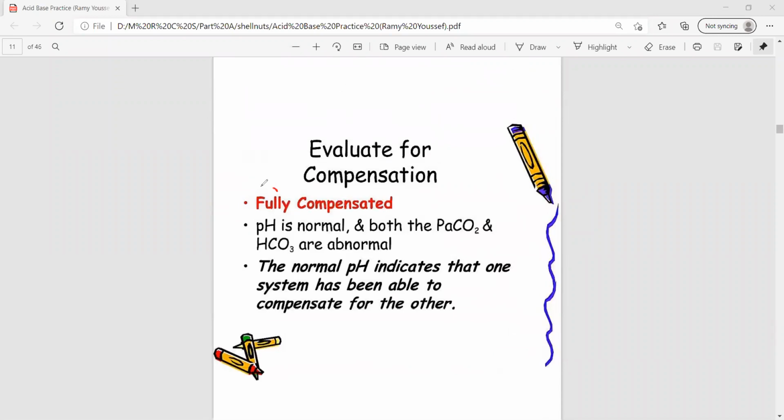When I say fully compensated, I have to say the pH is normal, and both of them are abnormal. So partial or fully compensated, both parameters are abnormal.